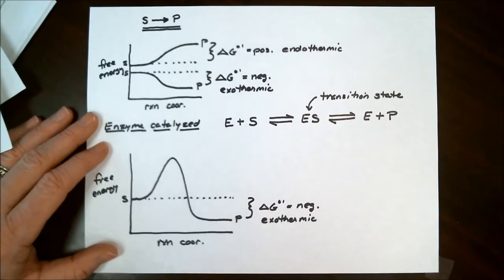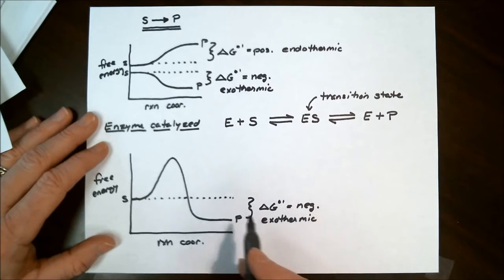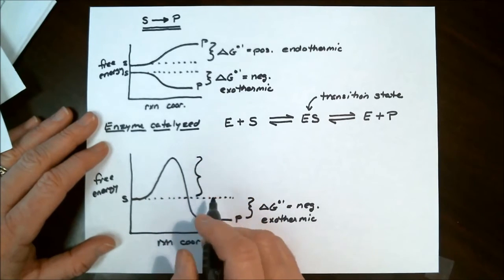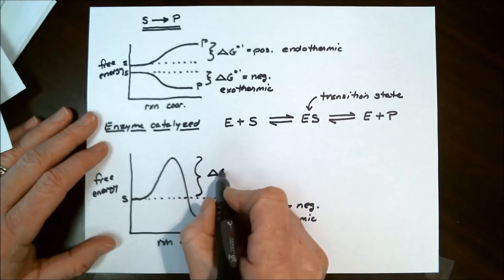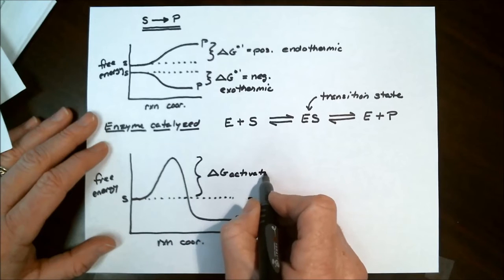and spontaneous. Now spontaneous is relative because we have another level of energy here that is required for this reaction, and this is called the delta G activation.